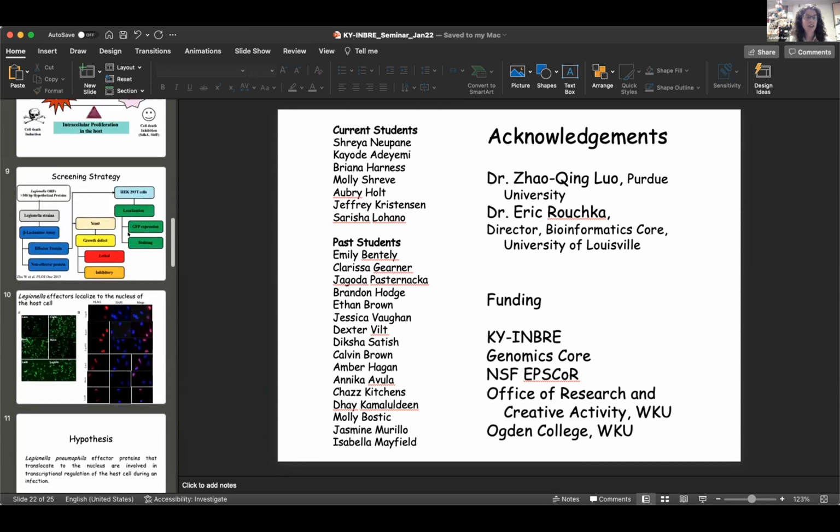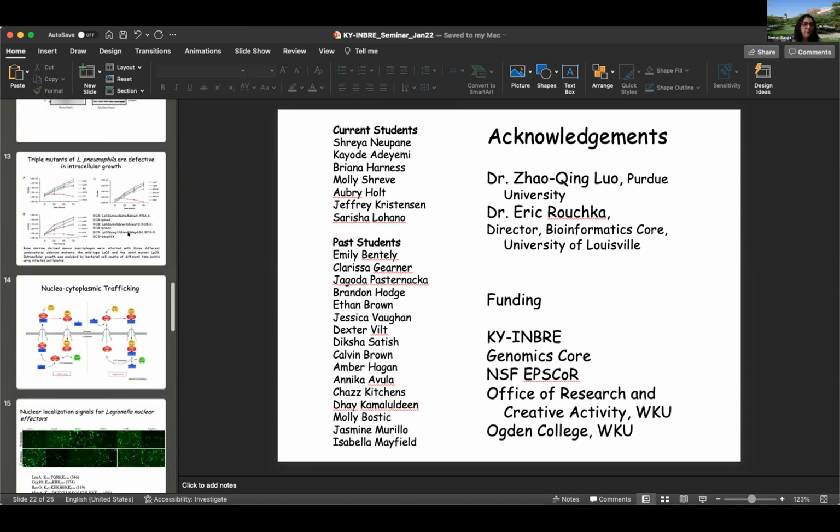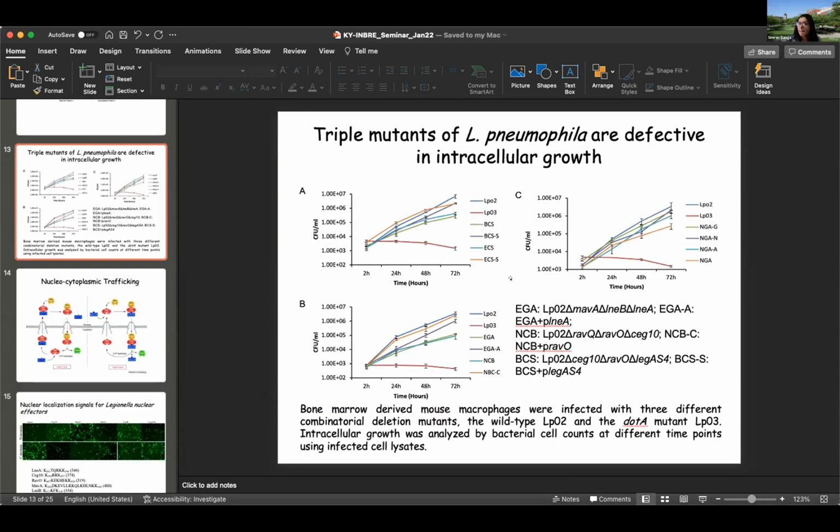If you go down, yeah, that it takes knocking out several of these to get an effect on growth compared to wild type that are living inside macrophages. Yes. Okay. So they're not toxic as evidenced by what means, I guess, would be one question.